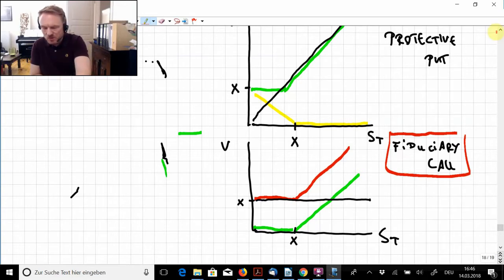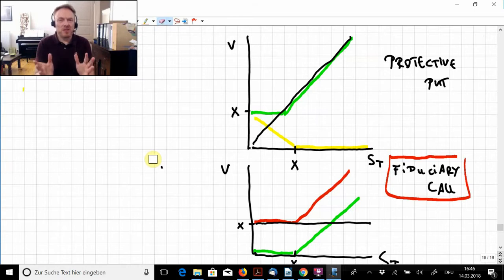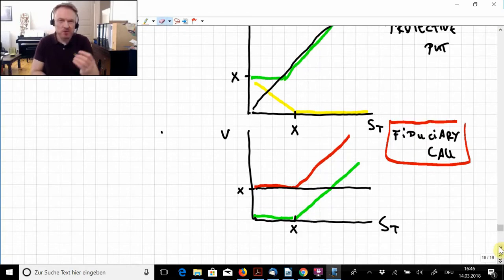Now what's astonishing about it is that the protective put, denoted with the green line, as well as the fiduciary call, denoted with the red one, have the same value at time T. So two things giving us the same value at time T need to be equal today as well. If two strategies give the same value at time T, they of course have the same value right now at time 0.